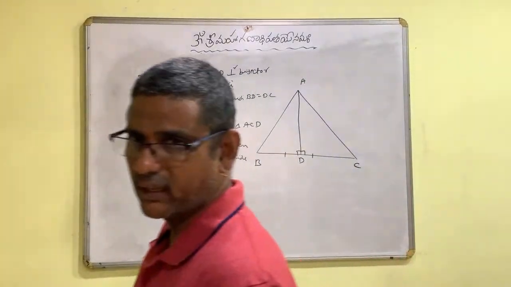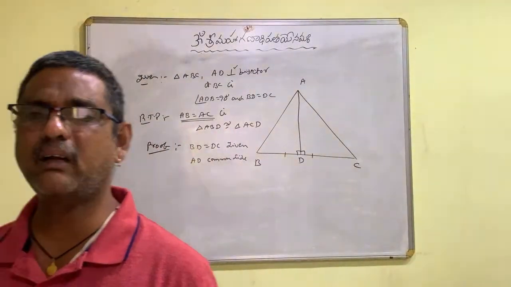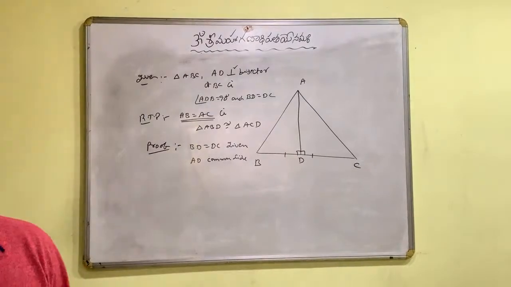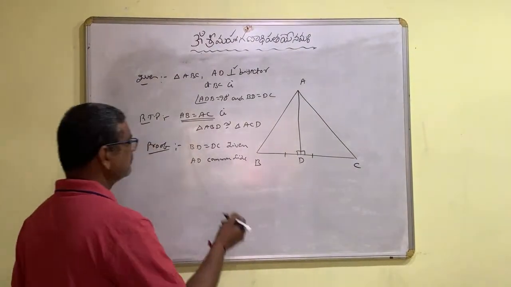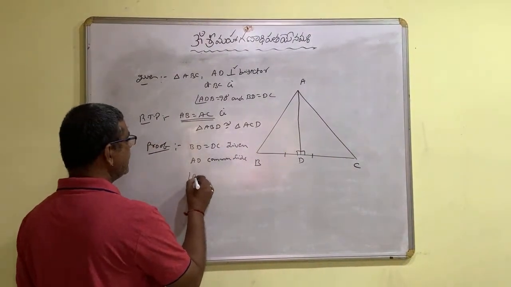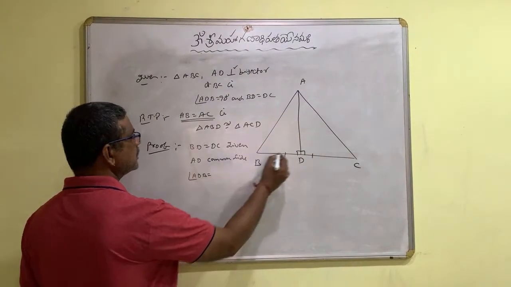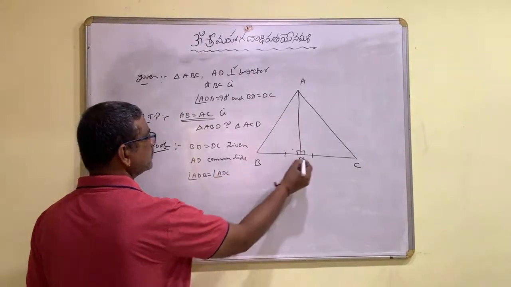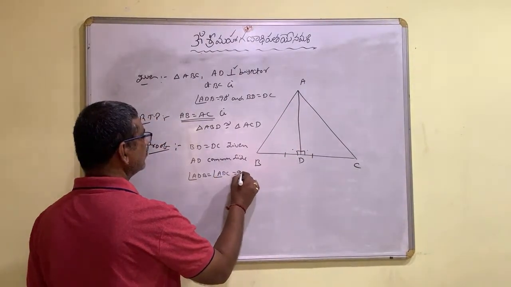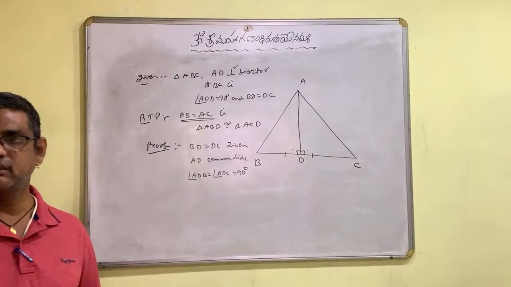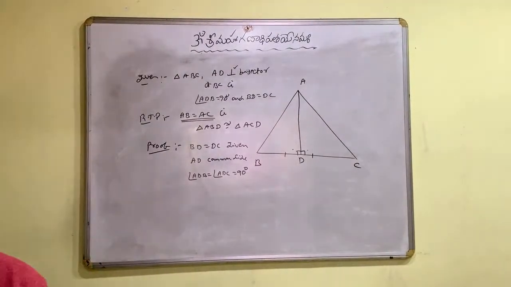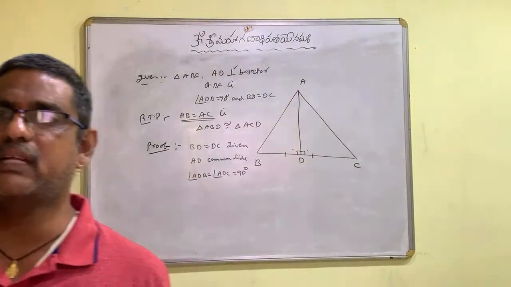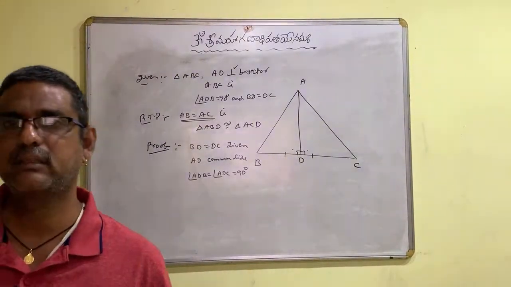Angle 1 and angle 2 are. What is angle 1? Angle ADB, this one, and angle ADC, this one. Both are equal to 90 degrees. That is what you have to say. Angle B, angle C, no, you cannot take it. It is not given.